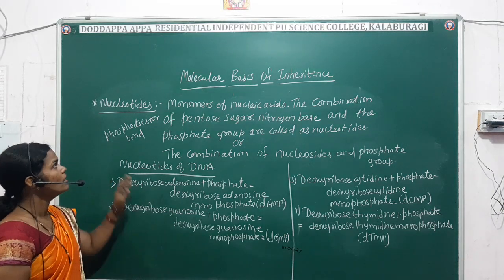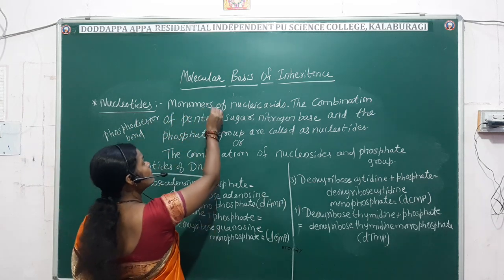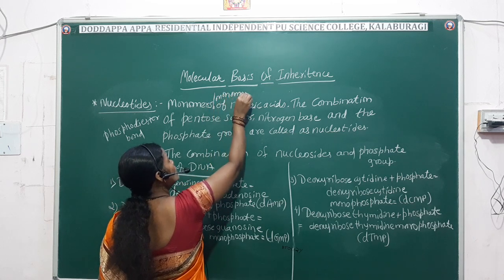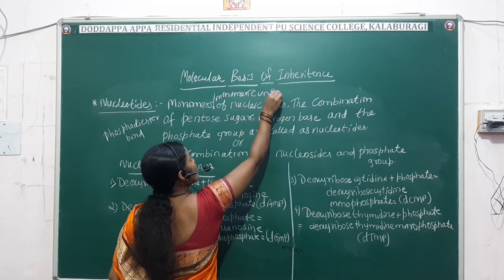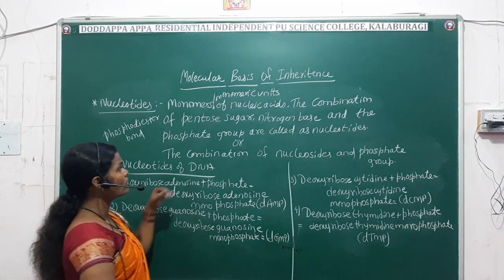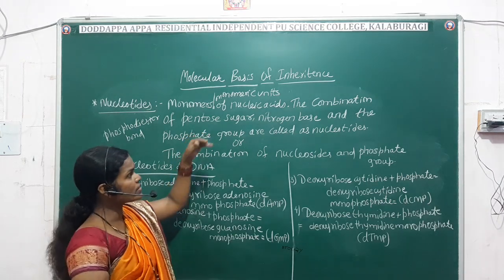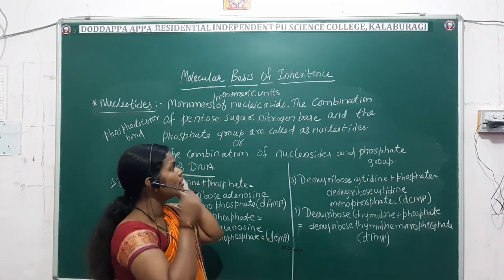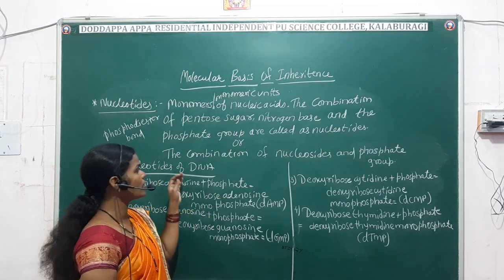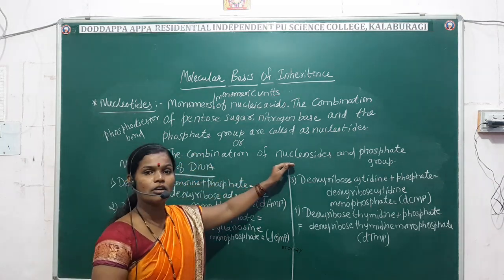So once again I will repeat. Nucleotides are the monomeric units of nucleic acids, or the combination of pentose sugar, nitrogen base and the phosphate group, or the combination of nucleosides and the phosphate group.